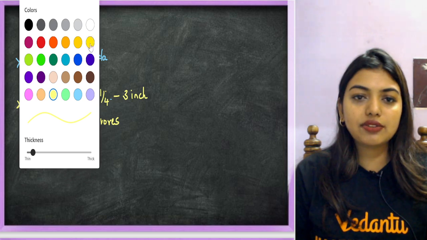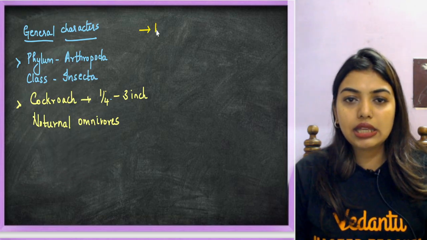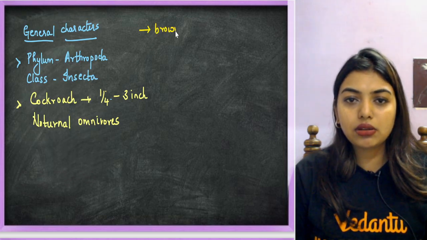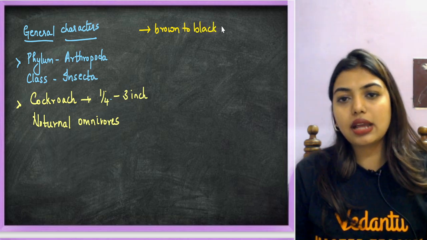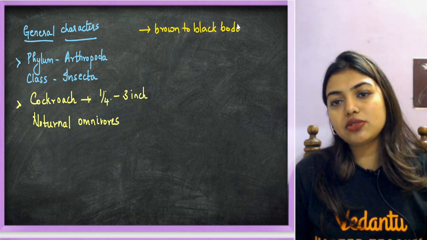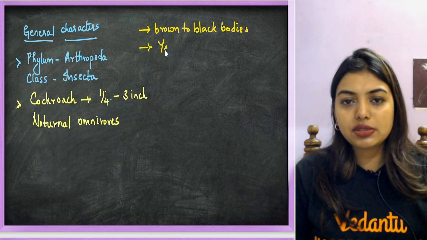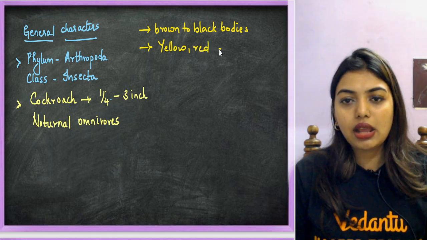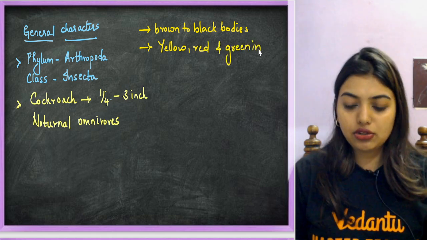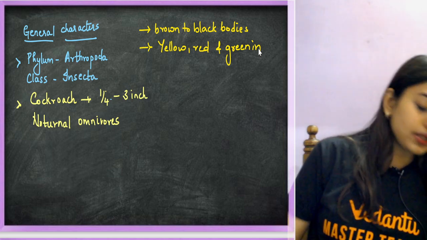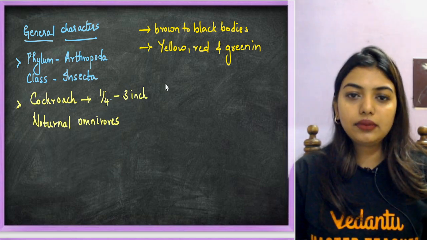First, definitely they spoke about the color. They are brown to black bodied cockroaches. Black. I'm writing with this pen, so it will take some time for me to write. Okay, black bodied. We also see yellow, red, and green in tropical regions.